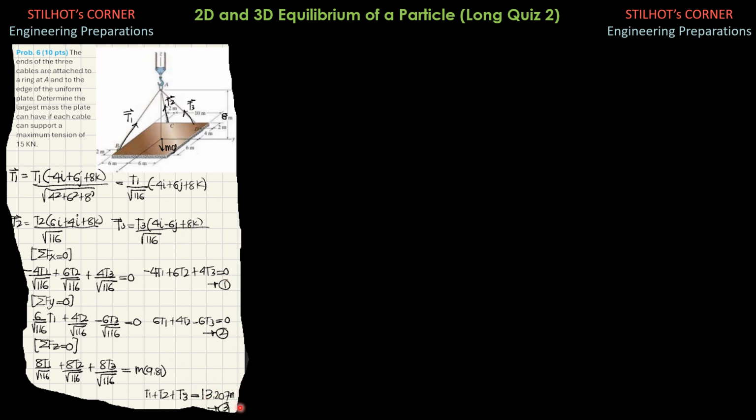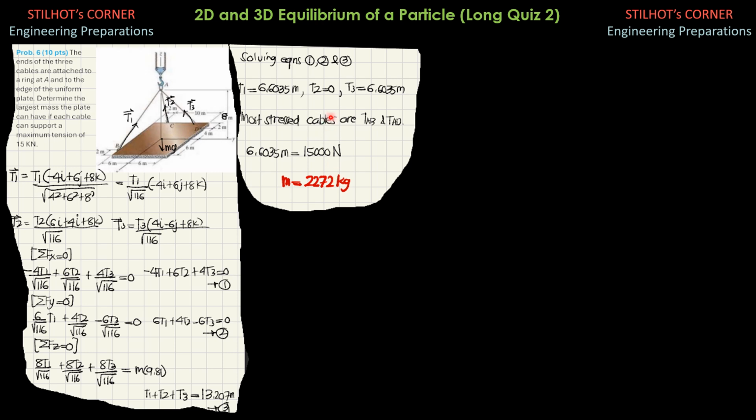Solving these three equations simultaneously, we obtain T1 is 6.6035 m, T2 is 0, and T3 is 6.6035 m. Since T1 and T3 are equally stressed, either of the two is critical, and therefore we set the tension value equal to 15 kilonewtons or 15,000 newtons. So 6.6035 m equals 15,000. From there, m is 2272 kilograms.